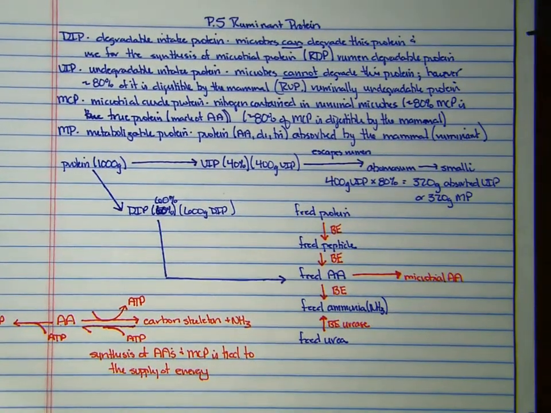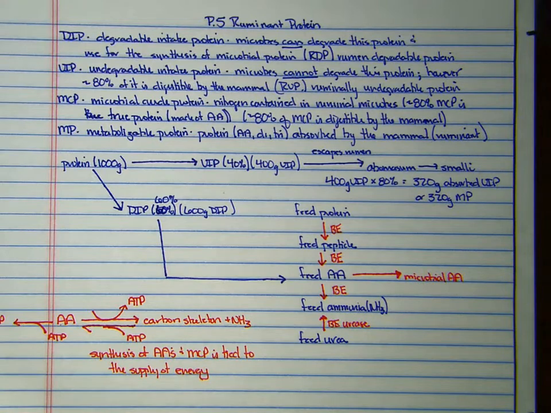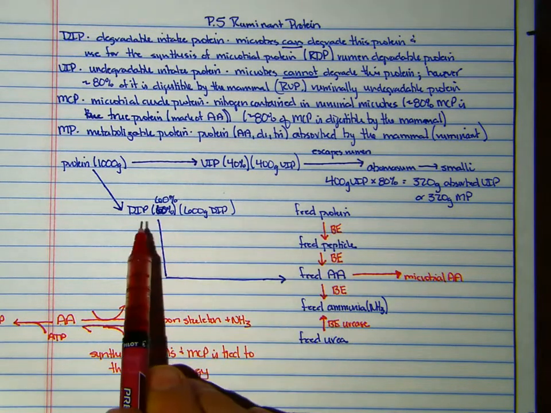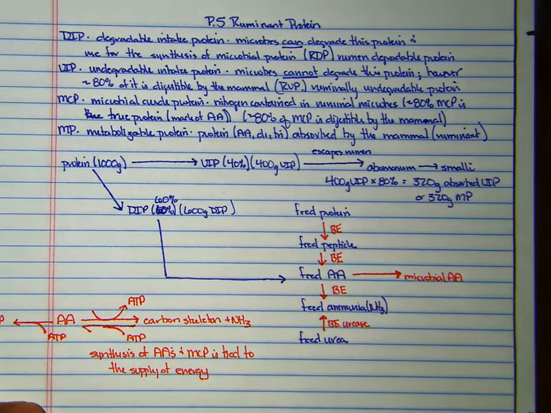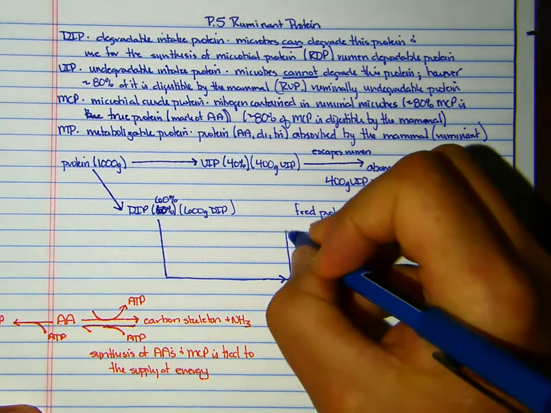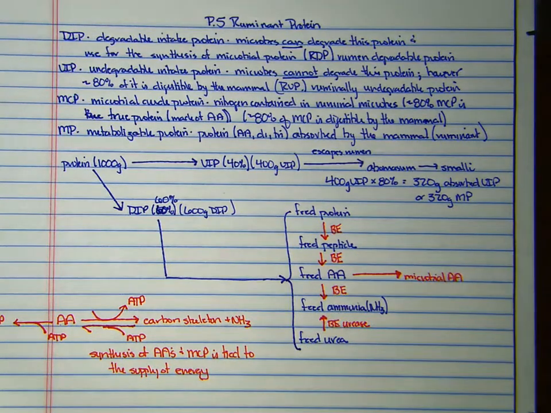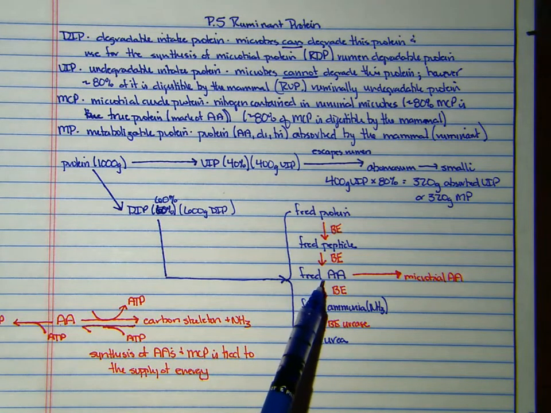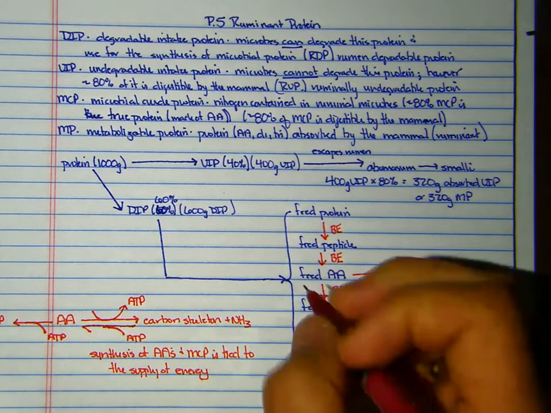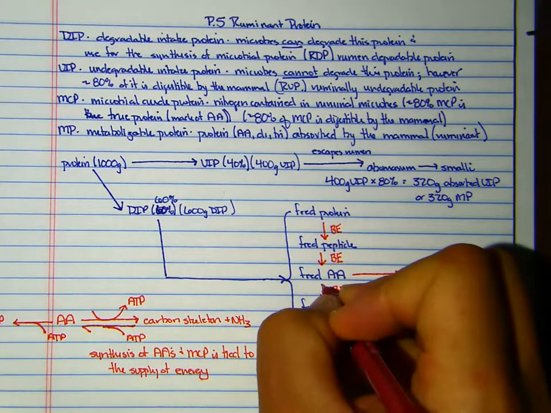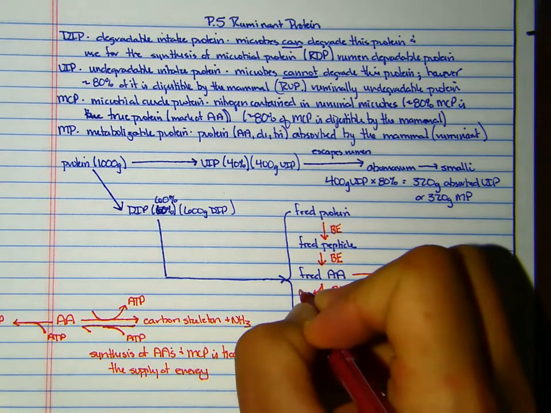So we come back over here, and we have DIP, and you could feed DIP in all of these possible forms. These are all forms of degradable intake protein. So DIP doesn't even actually have to be true protein, again, because we could feed urea or we could feed ammonia, both of which don't actually provide any amino acids. So when we take this feed amino acid and break it into ammonia, we know we're going to release ATP.